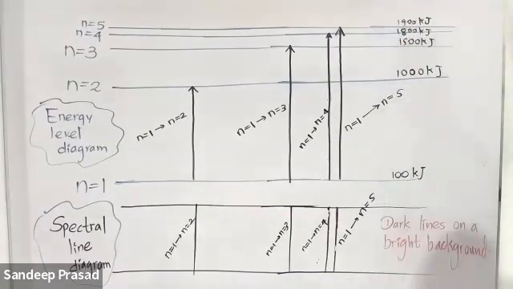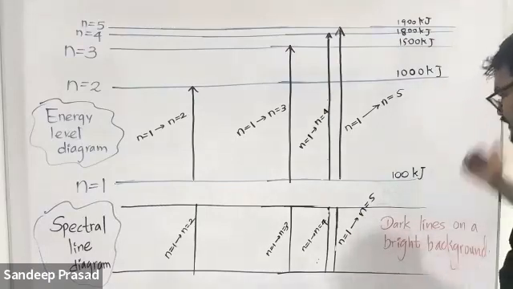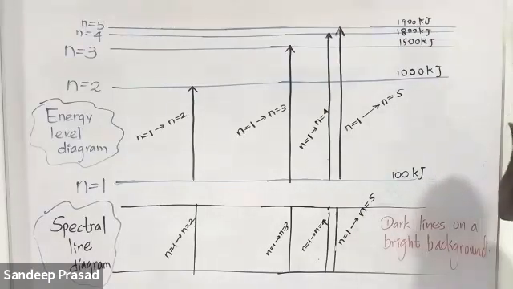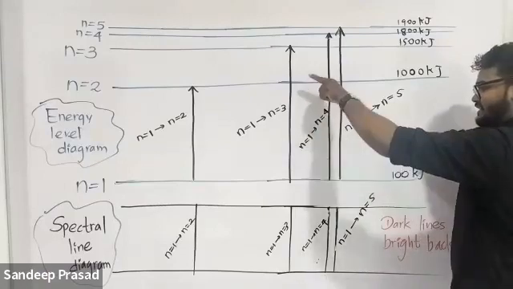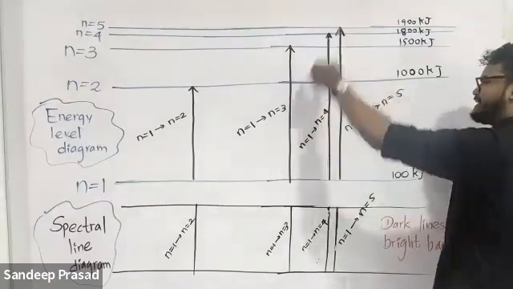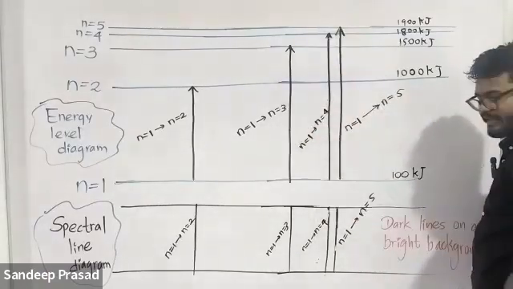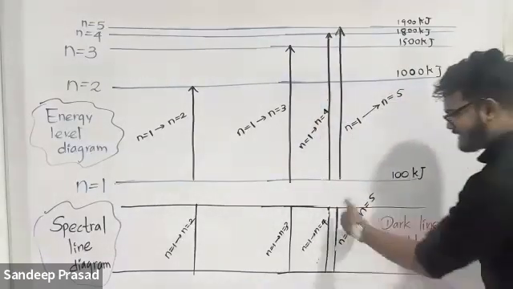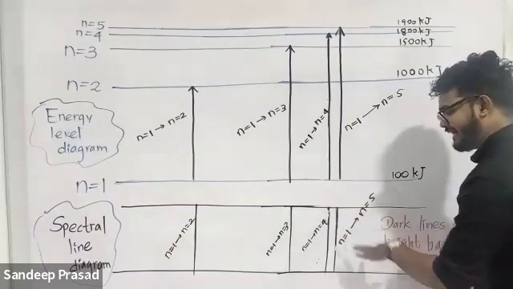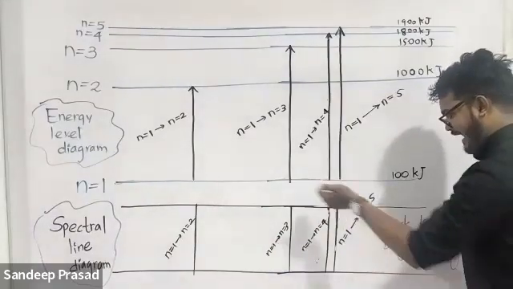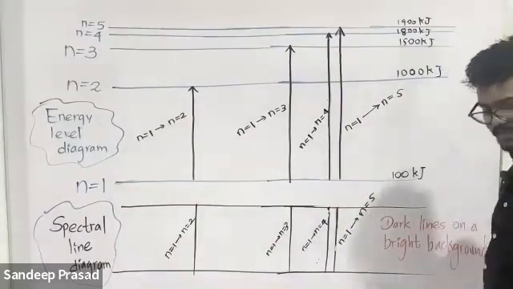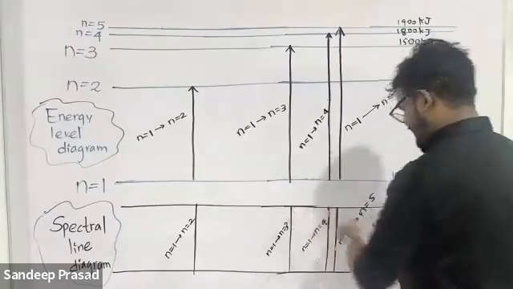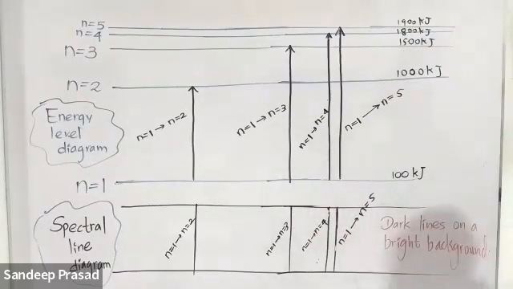Now look at this one. In the energy level diagram, the energy level gap is decreasing, right? In the same way, in the spectral line diagram also, the gap is decreasing. Remember, in this direction, frequency is increasing. How can we tell that? Students, it is very easy.